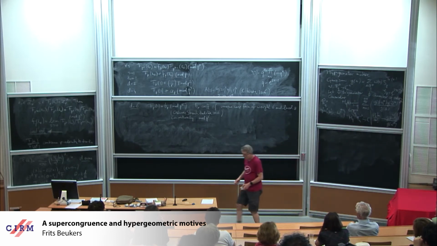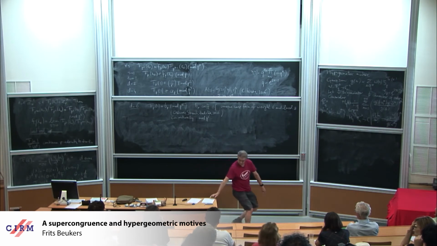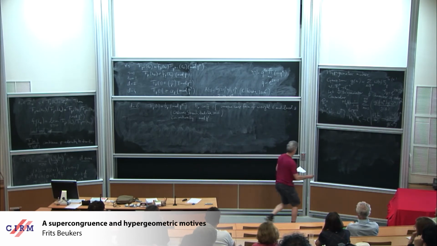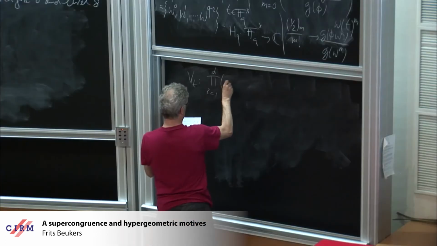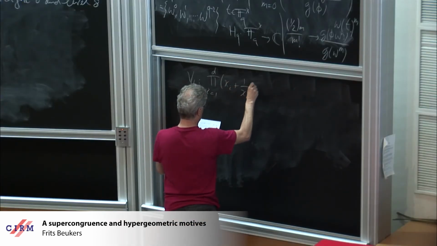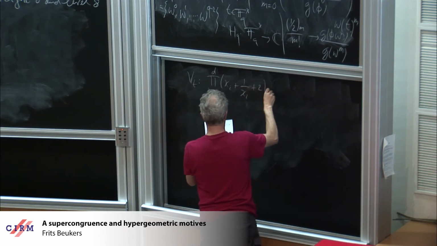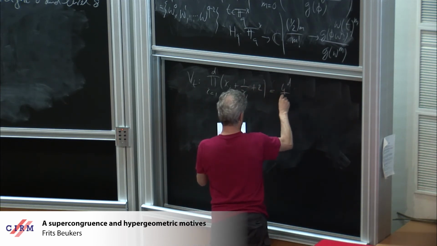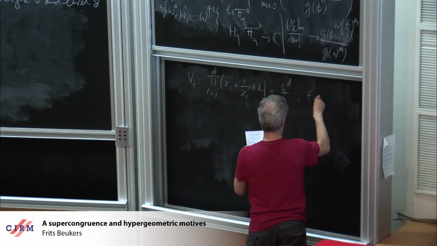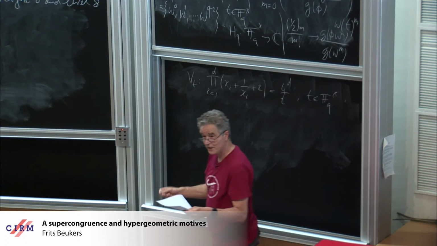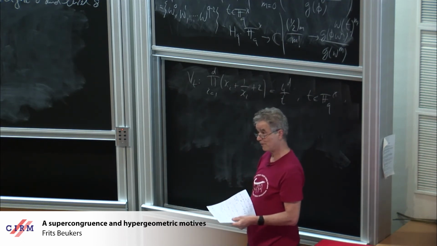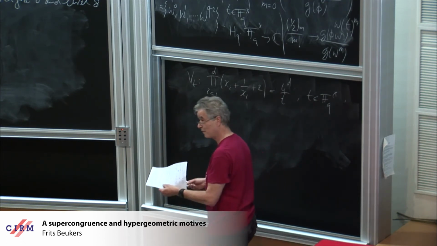So now let me mention one fact. I'm going to look at an algebraic variety, which is this one. It's a funny one. And it turns out you can count Fq points on this variety, and I give you the formula for it.